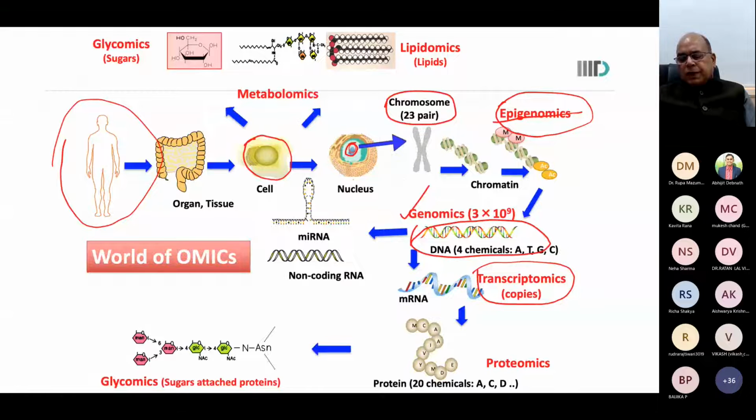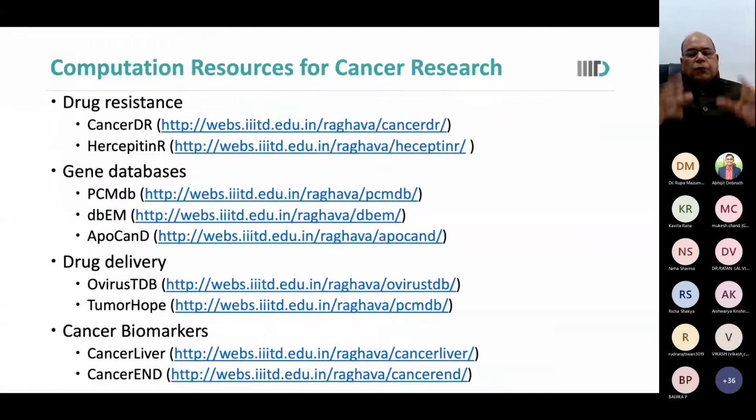This mRNA is converted into protein, and the study of all proteins is called proteomics. So this is the definition. There are further definitions: where a protein is glycosylated, we call it glycomics, and if there is a lipid attachment, it is called lipidomics. Right?